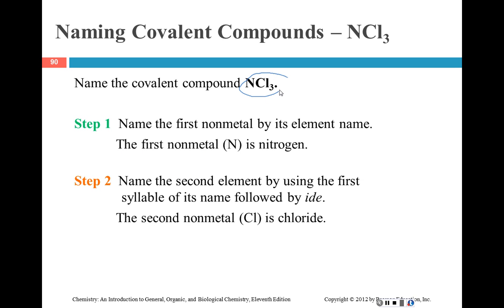Now in these slides you're going to see a lot of detail on these, and so it's going to take you slowly, step by step. The first nonmetal's name is nitrogen, so we're going to call it nitrogen. Then the second element was chlorine, so it becomes chloride.